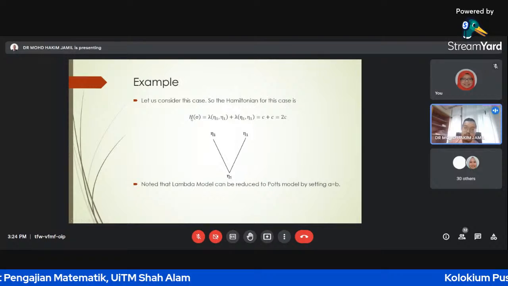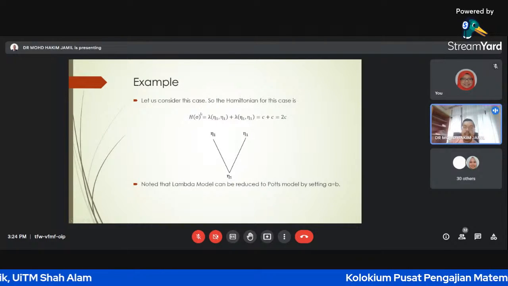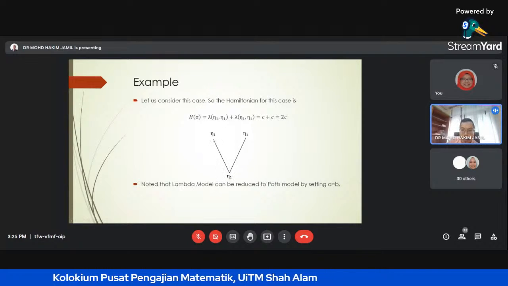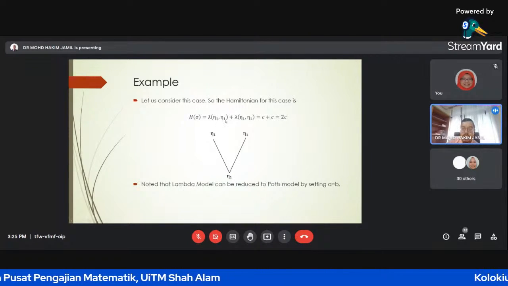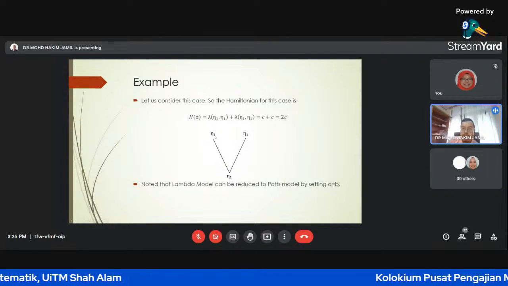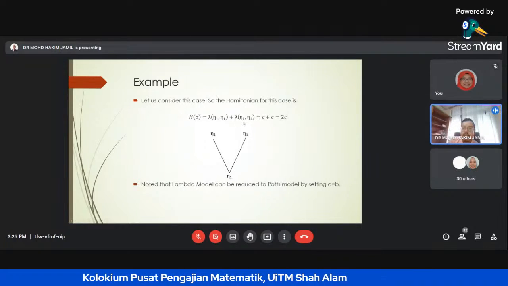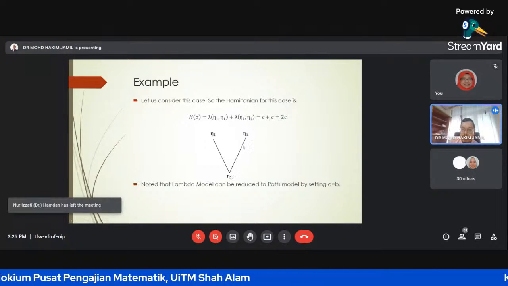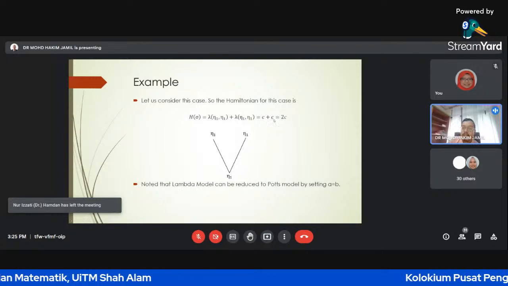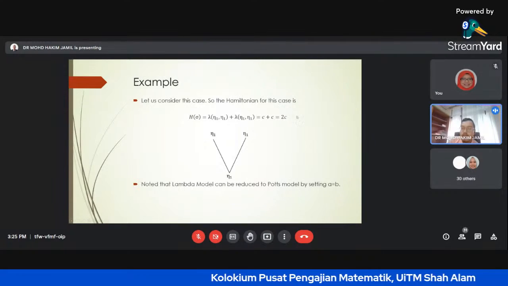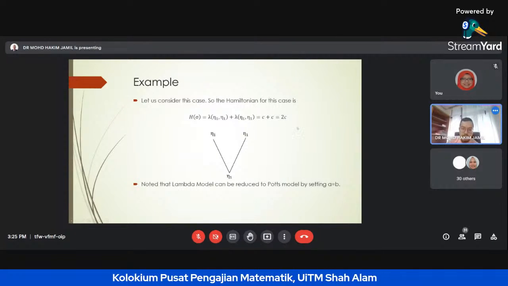For our Hamiltonian, we have the lambda function of eta 1 and eta 1, which is the same, so we have C, plus lambda of eta 1 and eta 1, so plus C. In this case, the Hamiltonian for this lambda model is 2C.